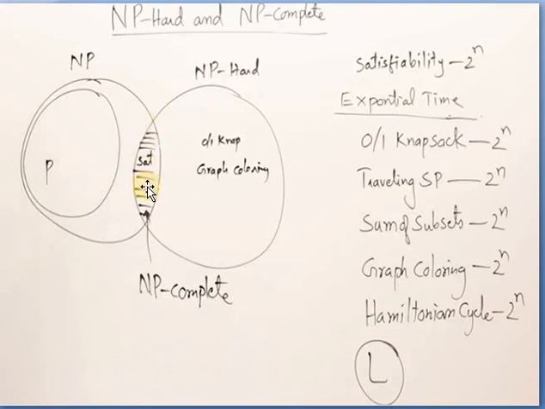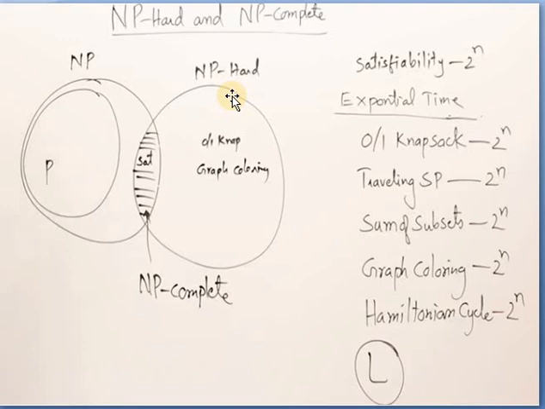So here in the shaded area, I have shown satisfiability as an NP complete problem, because basically it is NP hard, but it has a non-deterministic polynomial time algorithm. That is why it is also in the category of NP complete. So if any problem which is NP hard has a non-deterministic polynomial time algorithm, then that problem becomes NP complete.